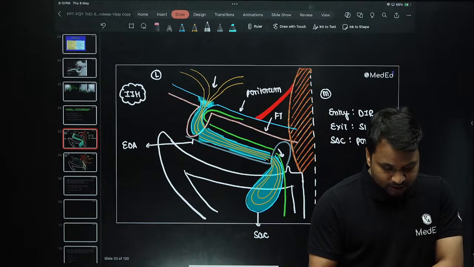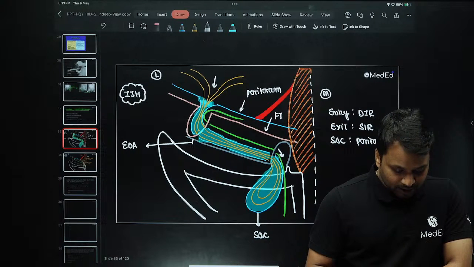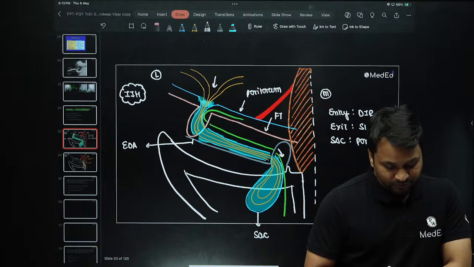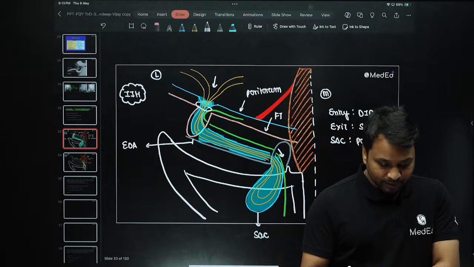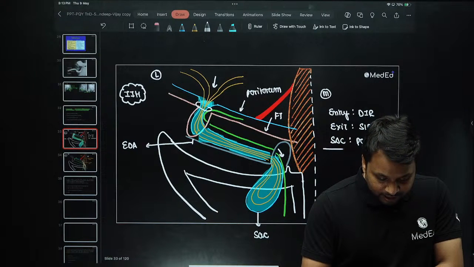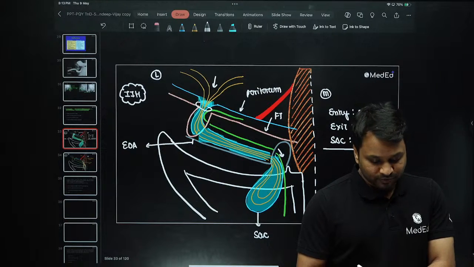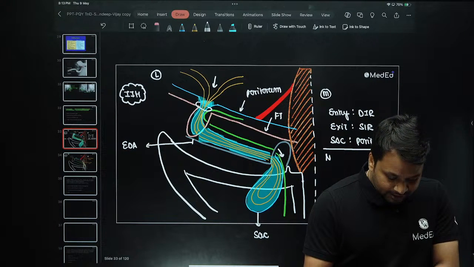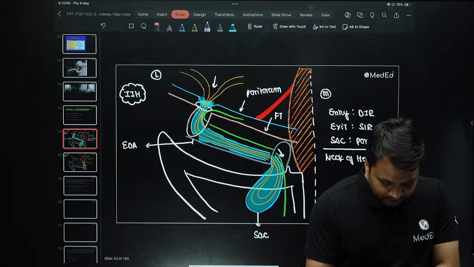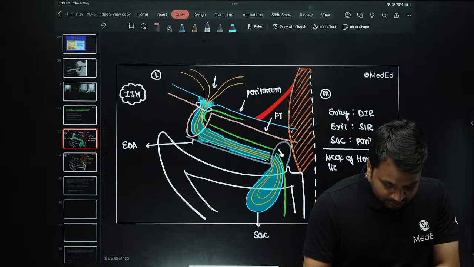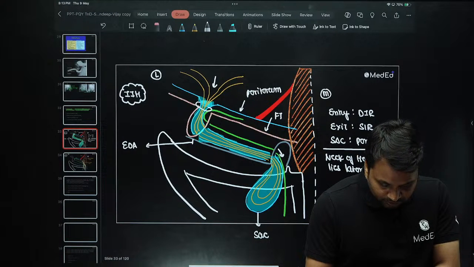You will notice the relationship of the neck with respect to the inferior epigastric artery. The neck is the narrowest part, at the deep inguinal ring. The neck of the hernia lies lateral to the inferior epigastric artery.